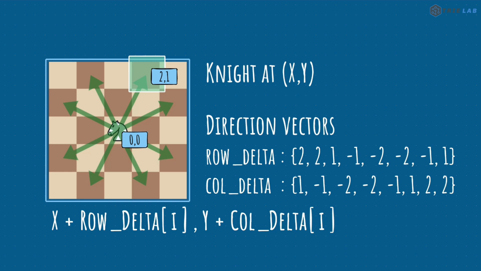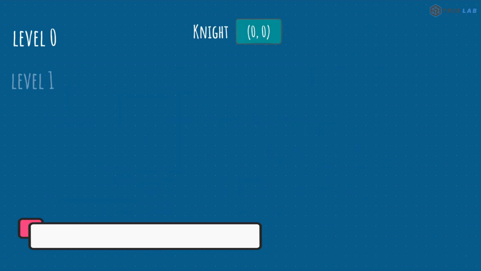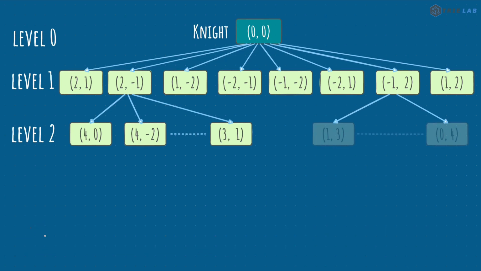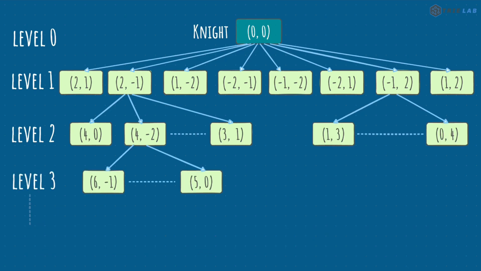But how do we find the shortest path to the destination node? To answer this, let's first break down the knight jumps across the board and then we'll catch up from there. We start with 0, 0. From there, the knight can jump to 8 possible positions like 2, 1, 1, 2, and so on. On the second jump, it can reach another set of positions, and this continues until we reach the target cell.